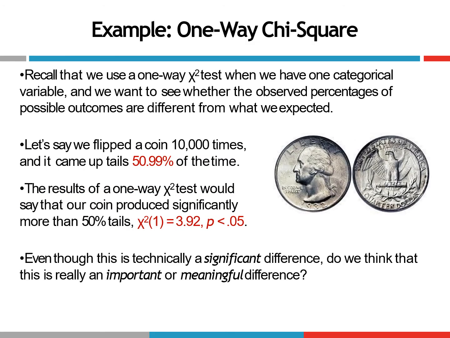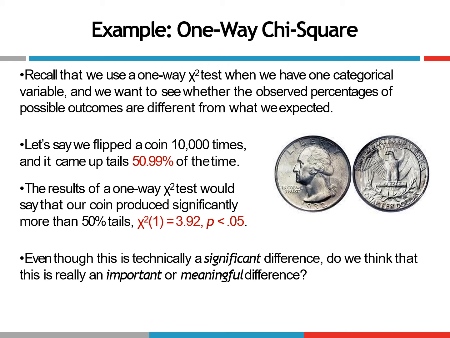Okay, so one of the first tests that we talked about was the one-way chi-square test. We use a one-way chi-square test when we have a single categorical variable and we're trying to get a sense of whether the percentages of the possible outcomes of that variable are different from what we expected.